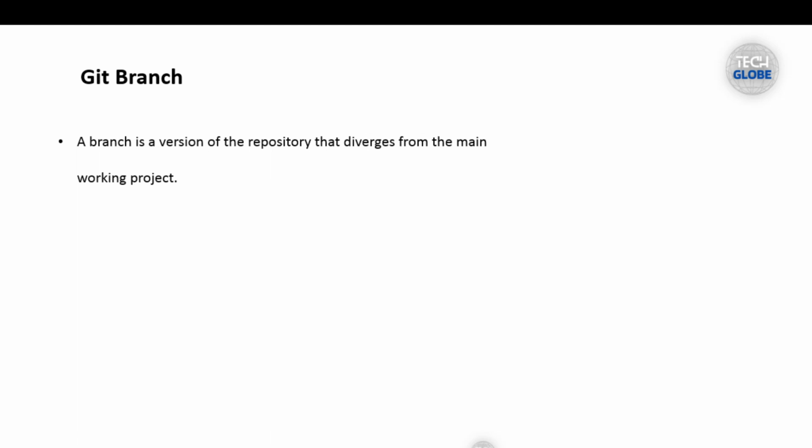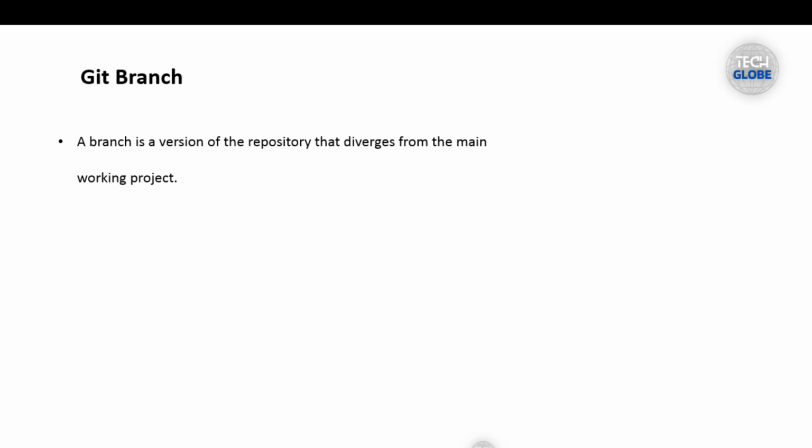So a Git project can have more than one branch. We have a main branch, then we can have a feature branch which individuals can personally work on before merging all their changes to the main branch.